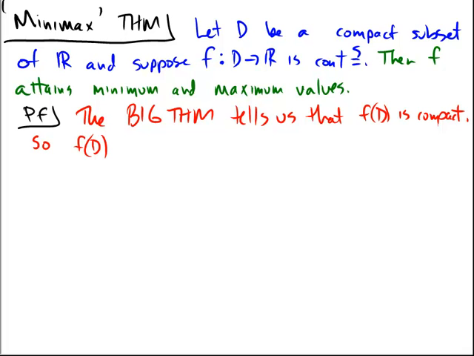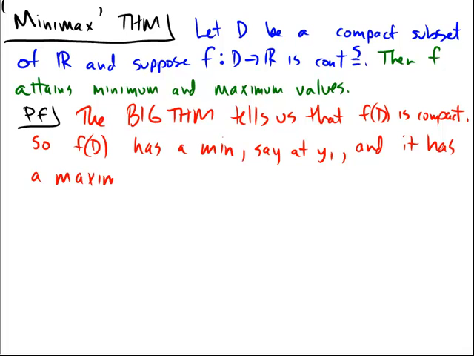So f of D has some kind of minimum, say at some value like y1, and it has a maximum, bounded, closed, and let's call this one y2. Okay, but these are both in f of D, right?